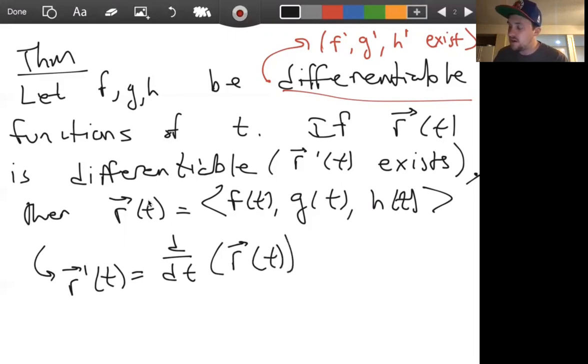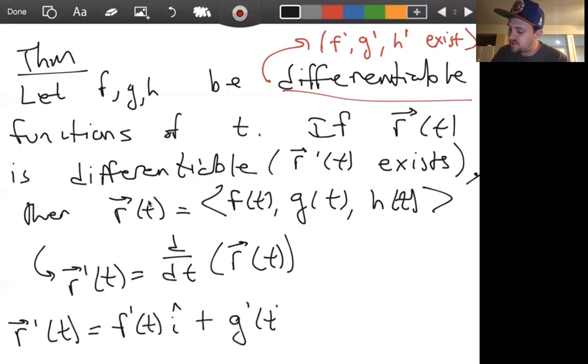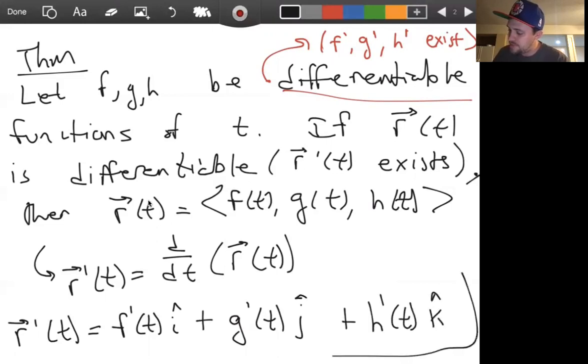We can express r prime of t as f prime of t i hat plus g prime of t j hat plus h prime of t k hat.